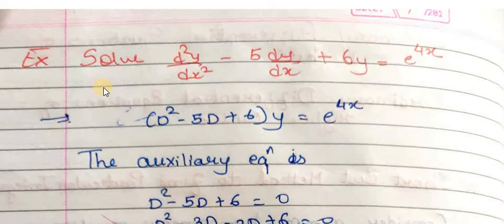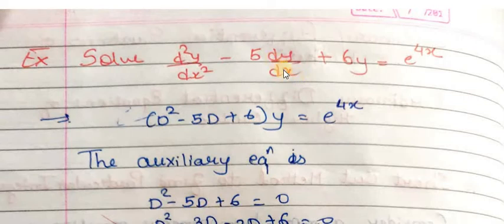Example number 1. Solve the differential equation d square y by dx square minus 5 dy by dx plus 6y equals e raised to 4x. Now we know that d by dx is a differential operator.